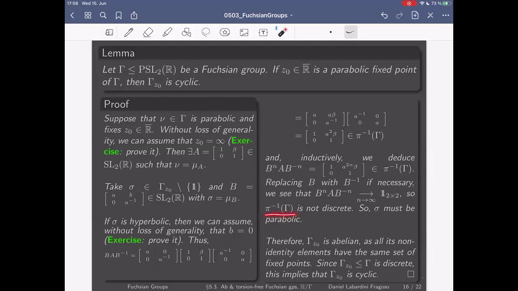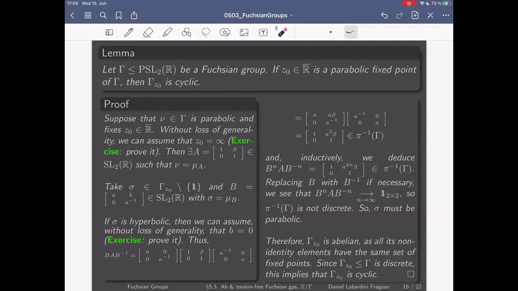But now all of them give rise to elements in gamma, and if they get arbitrarily close to the identity, that implies that the pre-image of gamma under this projection from SL2(R) is not discrete, and that gives a contradiction, and so actually sigma cannot be hyperbolic.